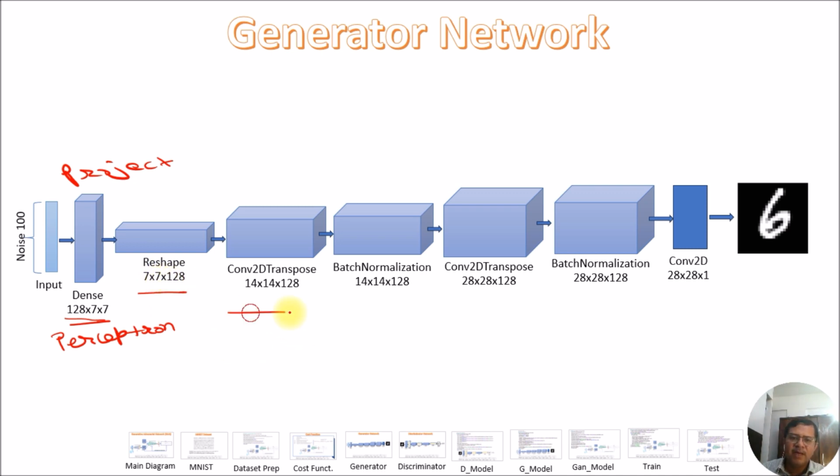Now the main part starts, due to which we have taken the deep convolutional GAN architecture. This is called Conv2D transpose, like this is called transposed convolution.